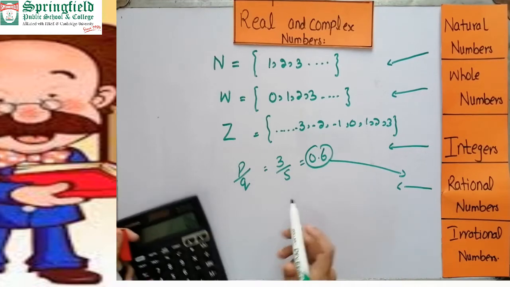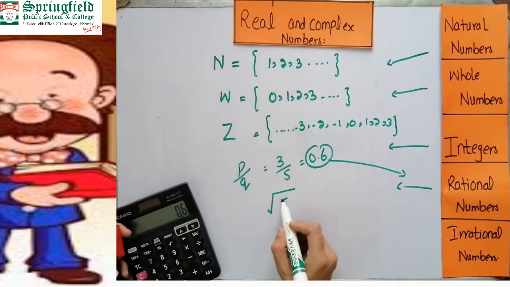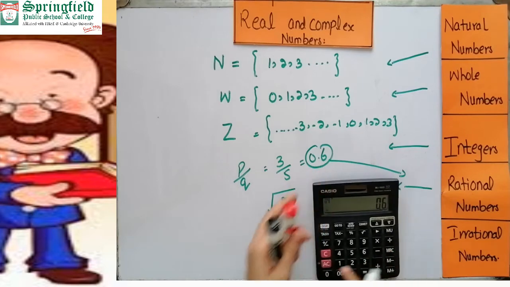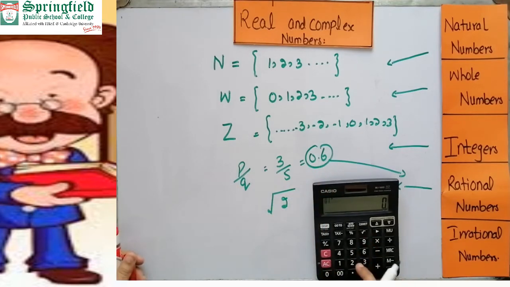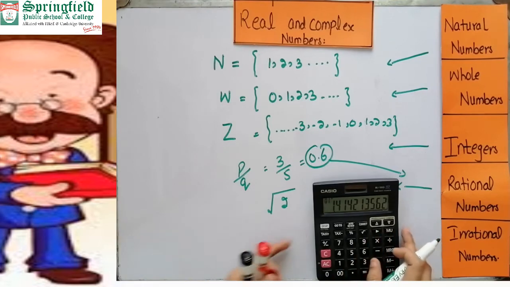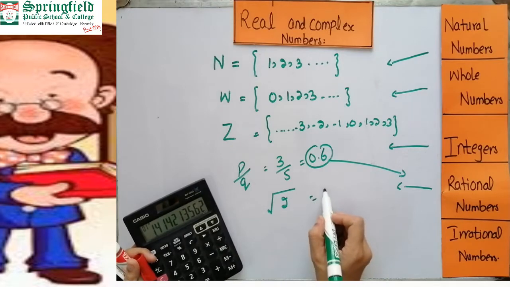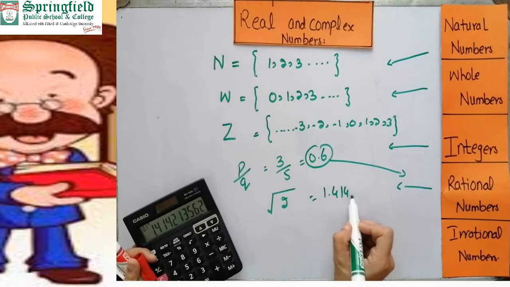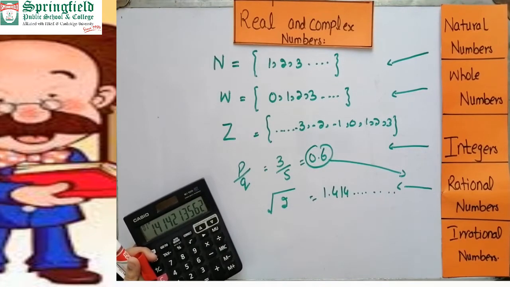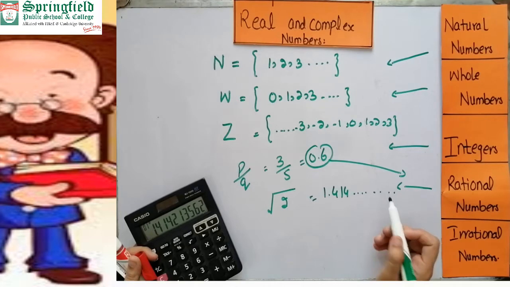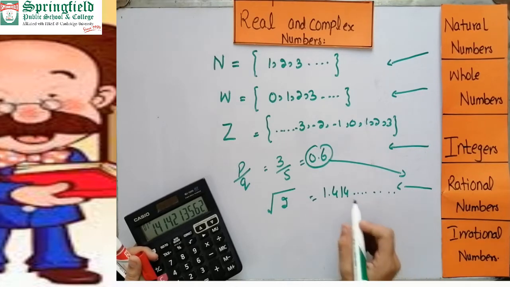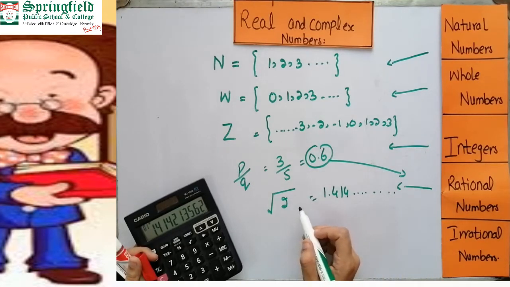But suppose a number is under root 2, and when we find the value of under root 2, it is 1.414213 and so on. This is the value of under root 2. It means we can't find the exact answer of under root 2.